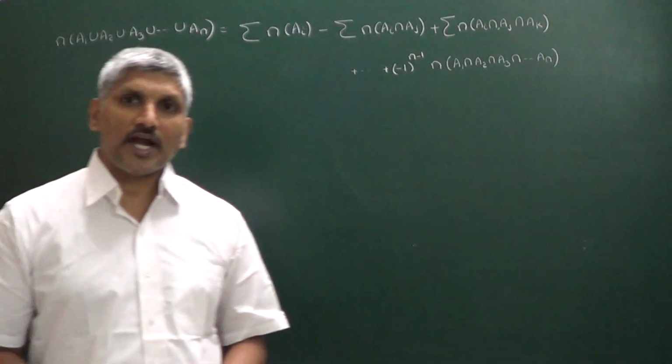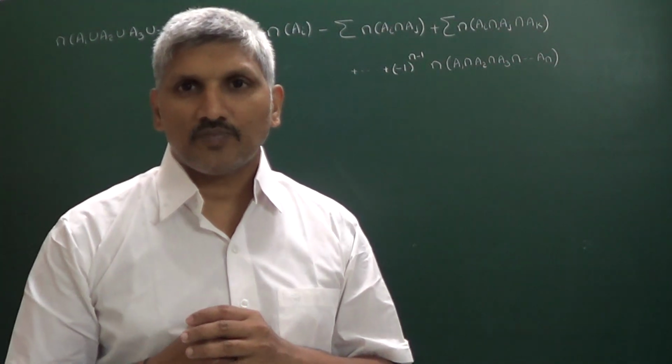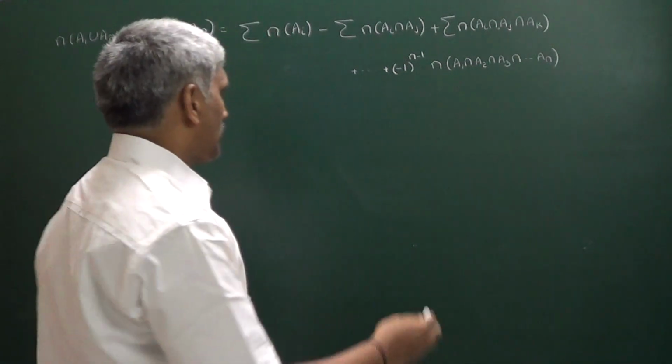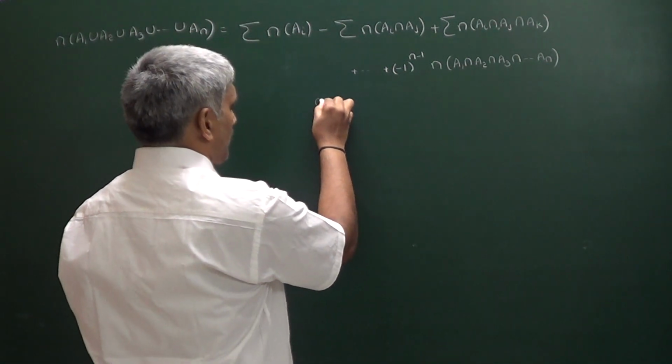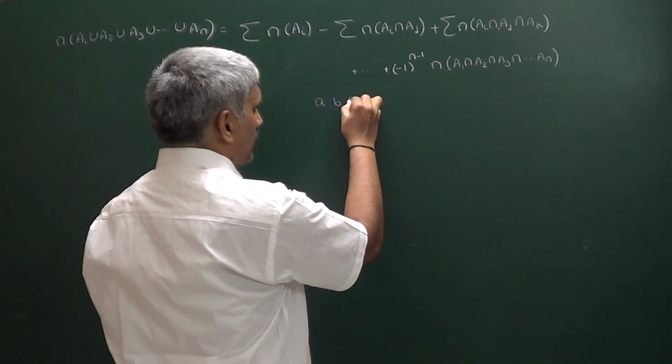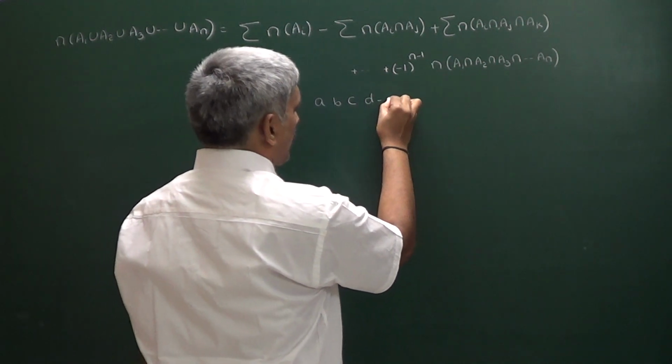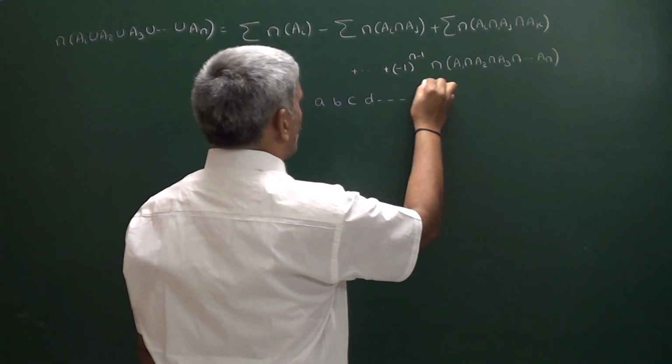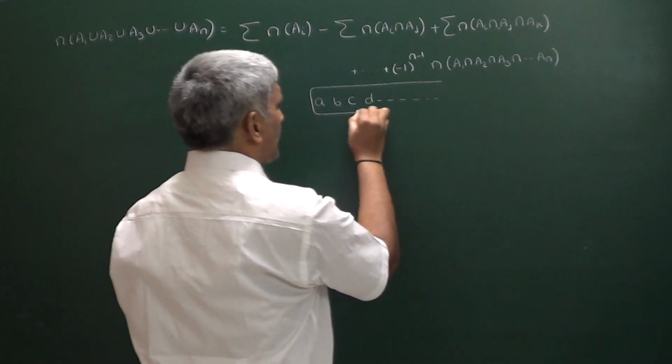Suppose we have n distinct objects, let us say A, B, C, D and so on. In total we have n different objects.